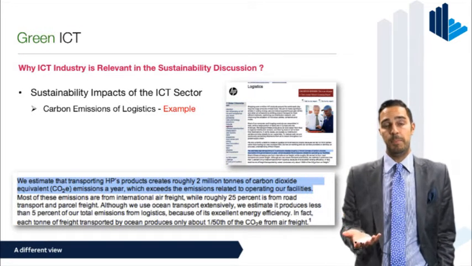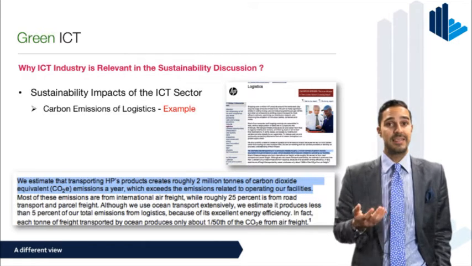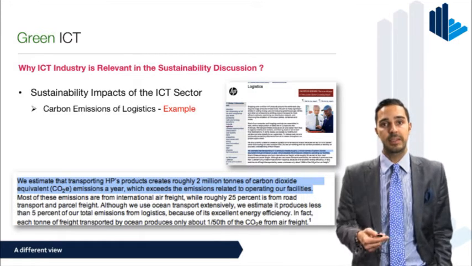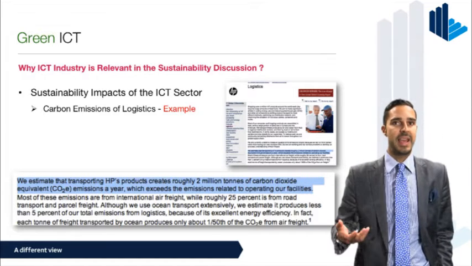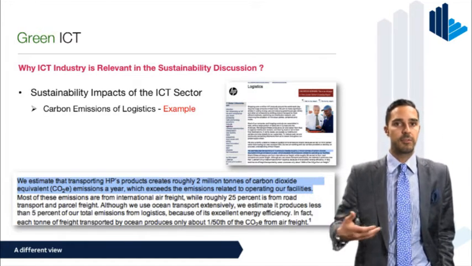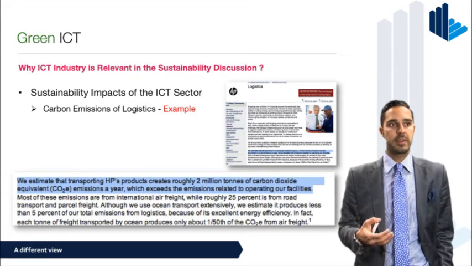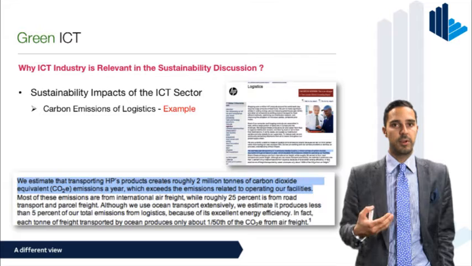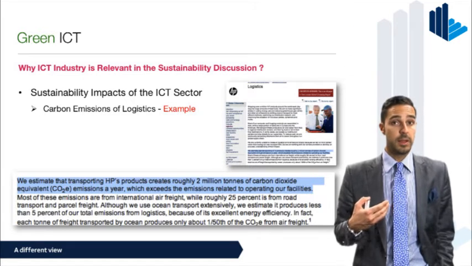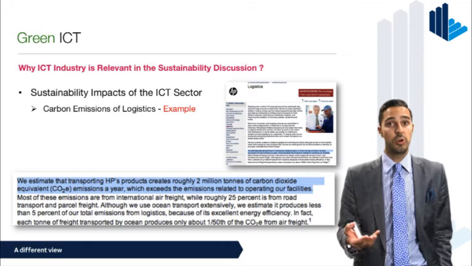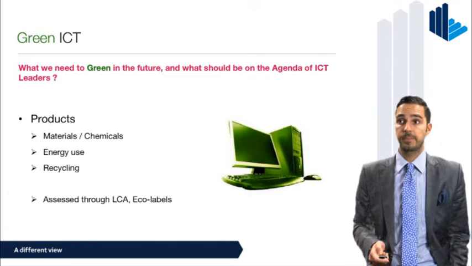This means the impact originated by logistics is even higher than the impact originated by managing the various facilities of the corporate. So this is an area where corporates can really engage in order to develop new processes, new solutions, adopt new technologies to reduce these impacts.